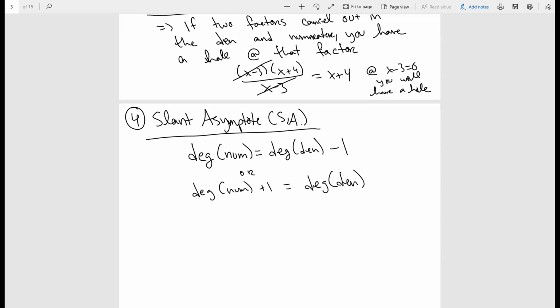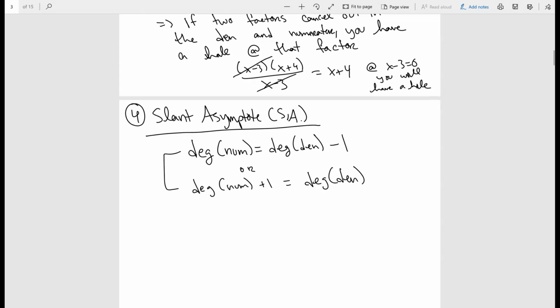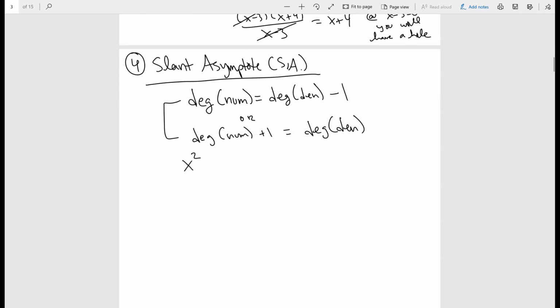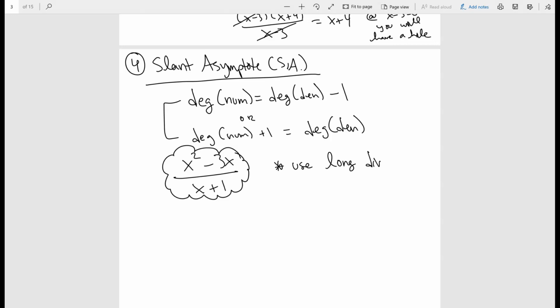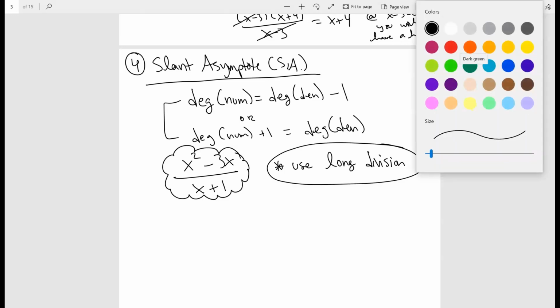So all that this is saying is that the top part, x squared minus 3x, is always 1 degree more than the denominator. And the way that you find the slant asymptote is to use long division. Okay, so use long division to solve for the slant asymptote. And we'll do a problem for all of these, okay?